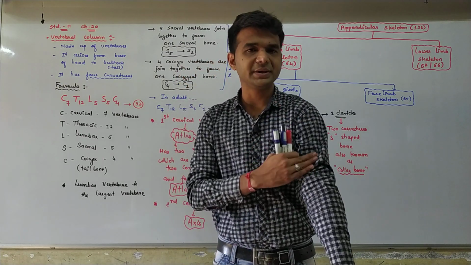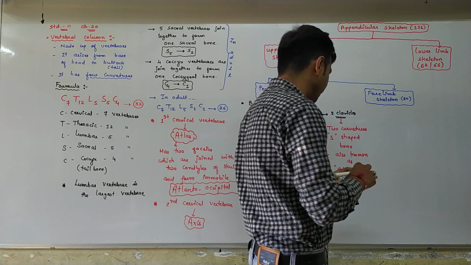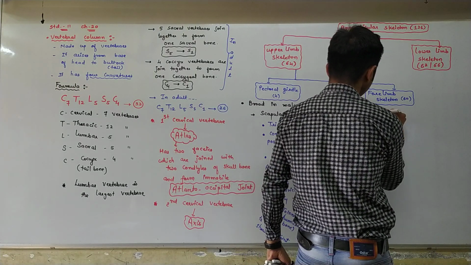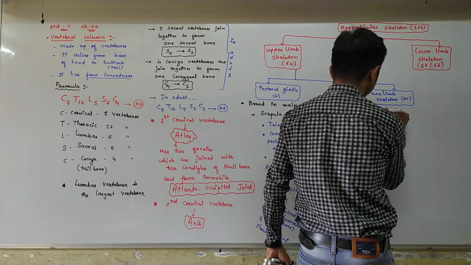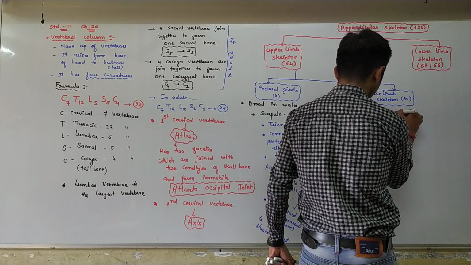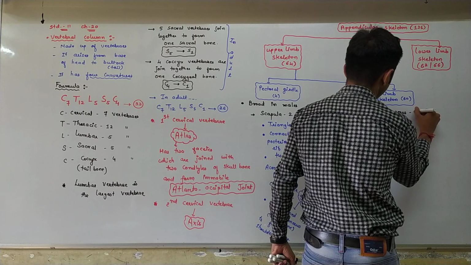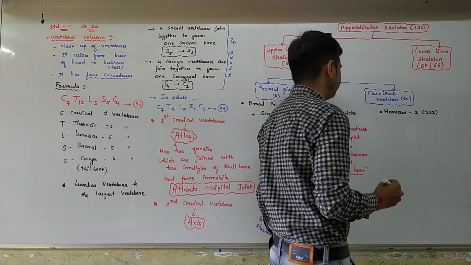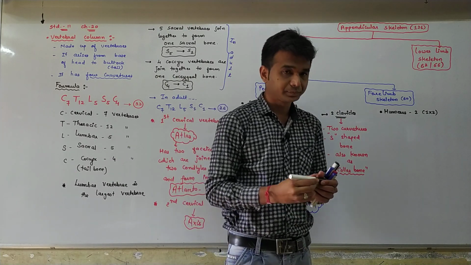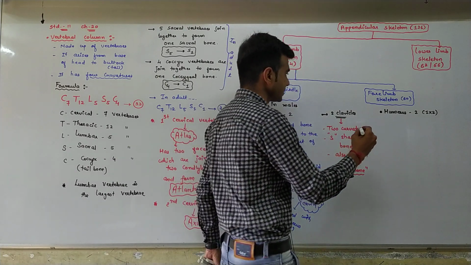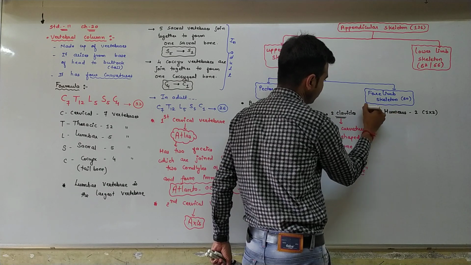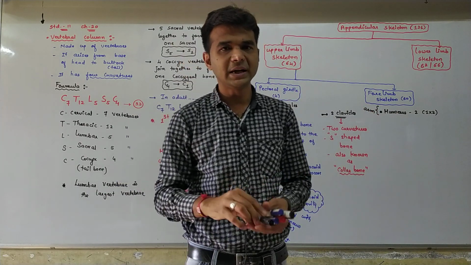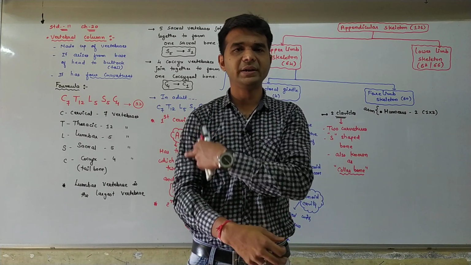So the arm consists of the bone known as humerus. Humerus are two, one here and one here.